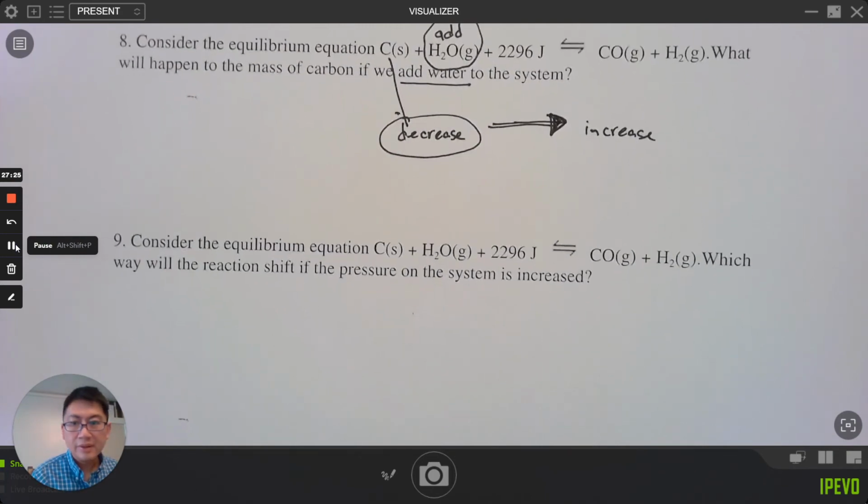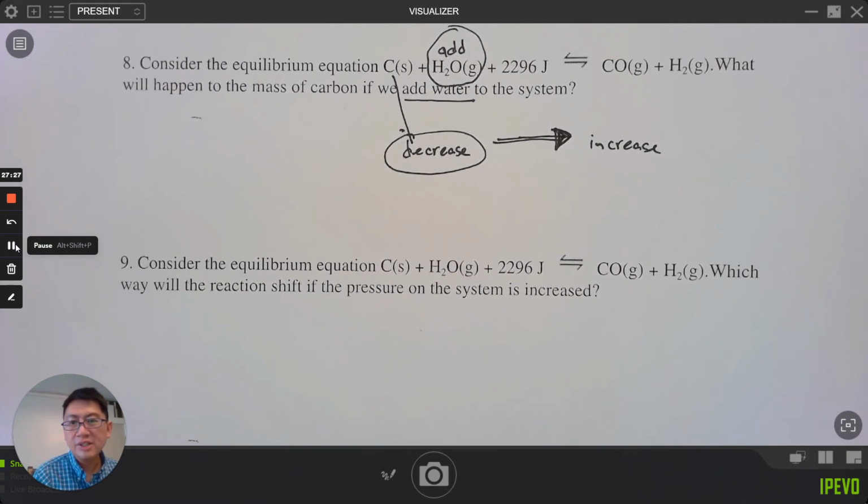Okay, number 9. Same equation. Consider that equation. What will happen, and which way will the reaction shift if the pressure is increased? The question is, what direction will it shift? There are only options of left, right, or doesn't matter.